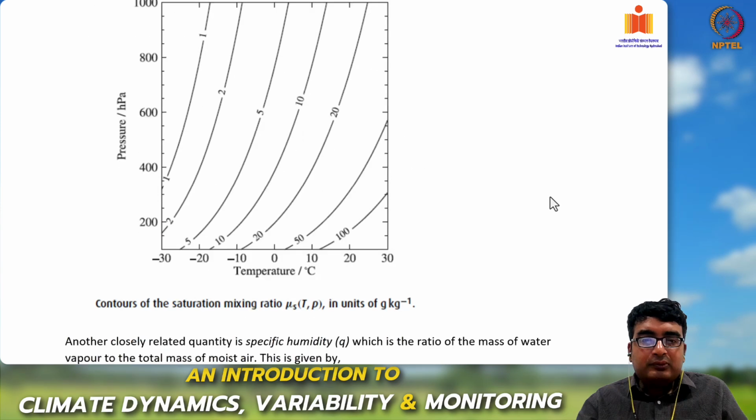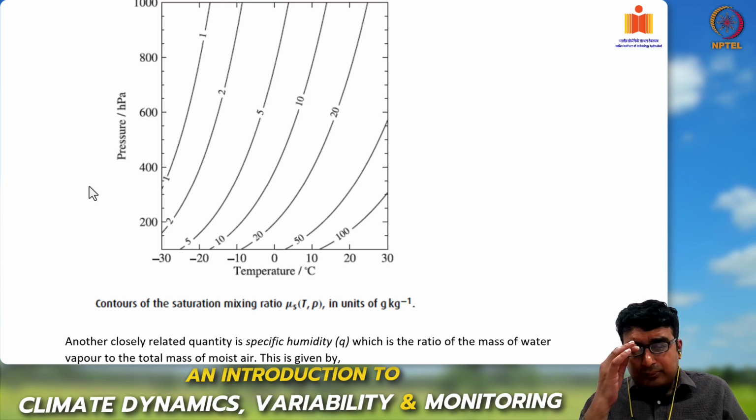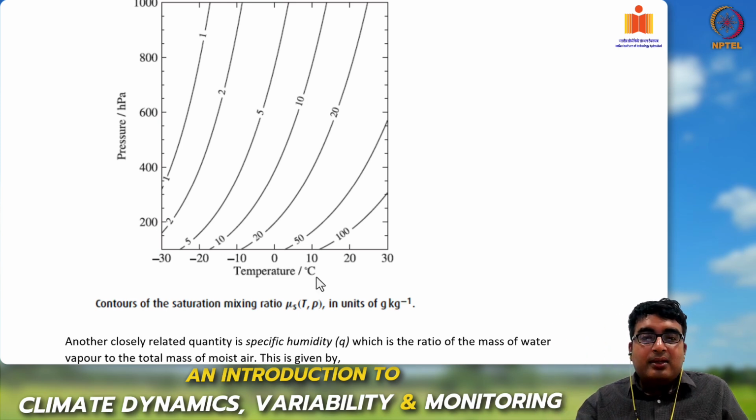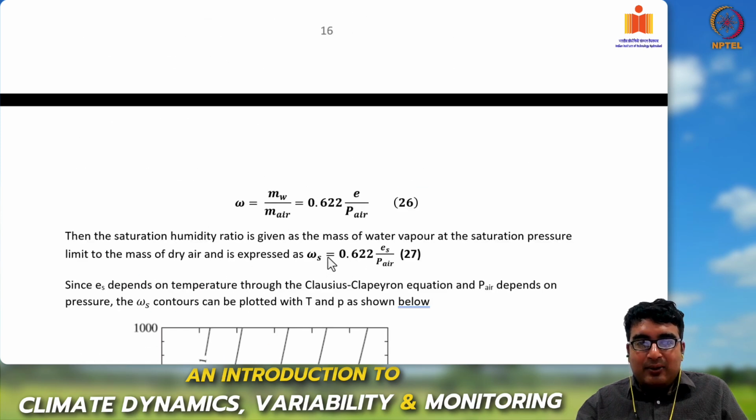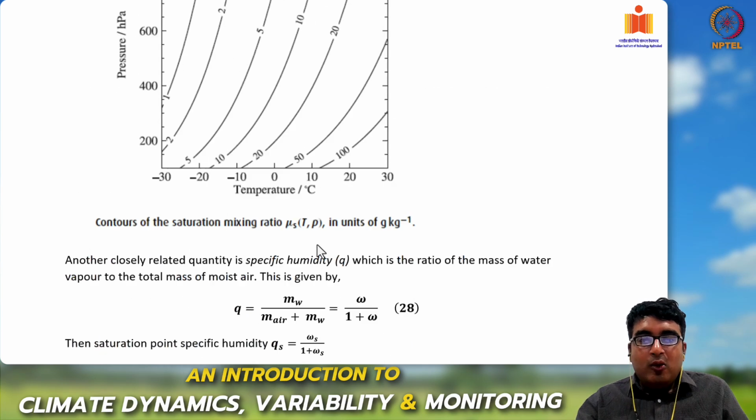Okay. So here is the temperature of air in terms of degree centigrade. This is the pressure in hectopascals. Okay. And the contours are in omega S values, the saturation humidity ratio, the saturation mixing ratio, which is units of grams of water vapor per kg of dry air.